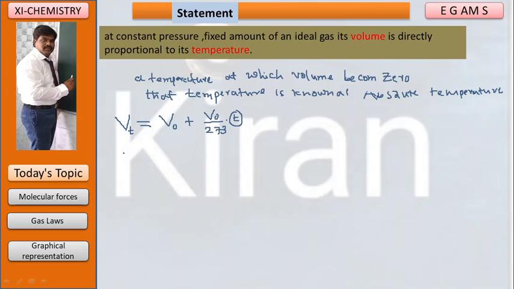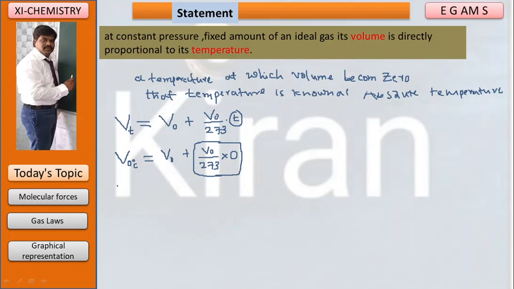When I am writing at 0 degree centigrade, t becomes 0 degree centigrade. So what will happen? V naught plus V naught by 273 into 0. Into 0 means this entire term becomes 0.